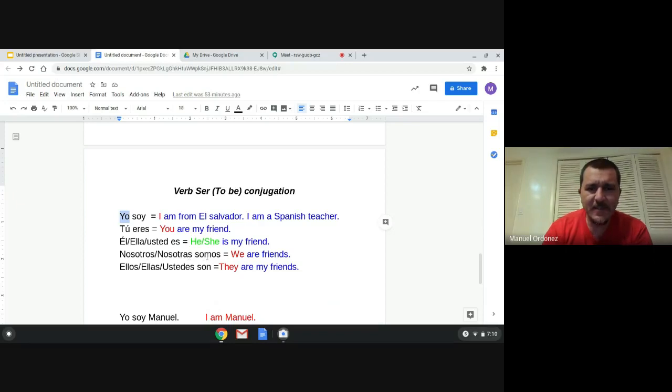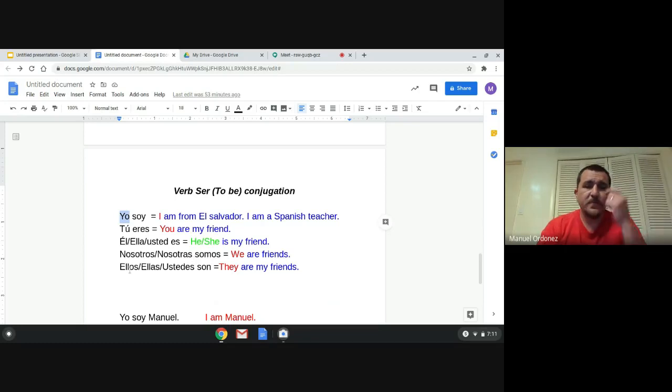In English we say we, and it can be for boys and girls. But in Spanish it's a little bit different. That's just the way the Spanish language works. We're going to learn about these differences, genders and numbers, in future classes.